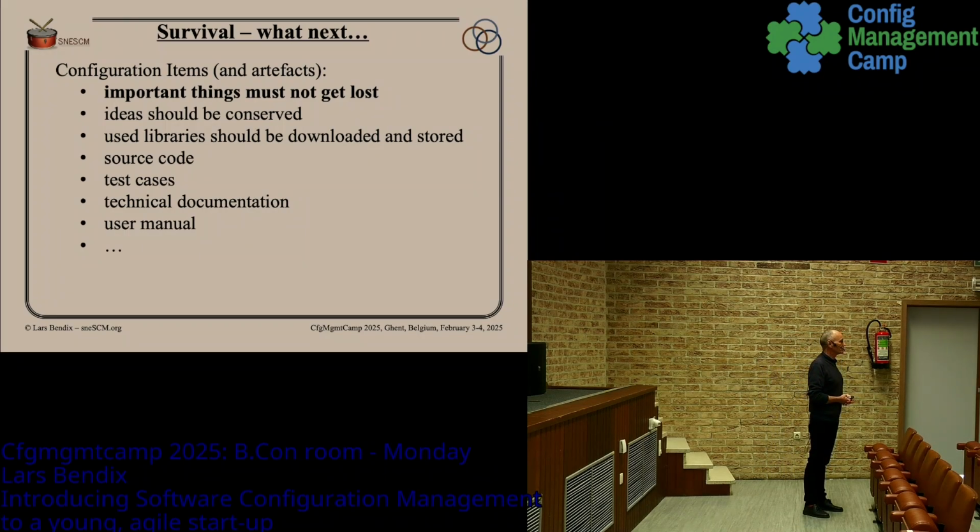Libraries that we use to develop our brand new fantastic application. I don't understand why even some mature companies decide to use libraries that reside somewhere on the internet. What happens the day that this library is not there anymore?